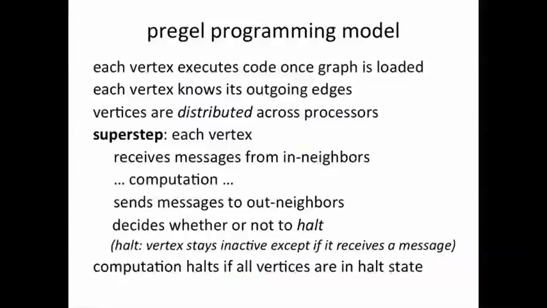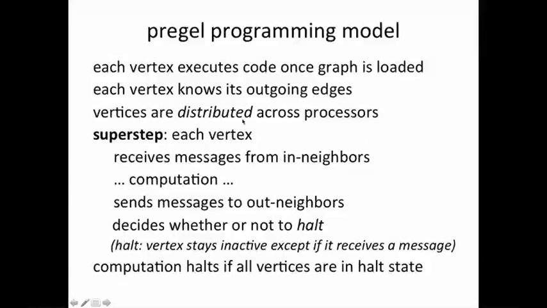So here's the Pregel programming model. Just like we had the map-reduce programming model where you had to write a map function and a reduce function, here you have to write code for every vertex. Each vertex executes code once the graph is loaded, and the assumption is that the process of loading the graph makes sure that each vertex knows its outgoing edges. It may not have any idea about its incoming edges, but it knows its own outgoing edges.